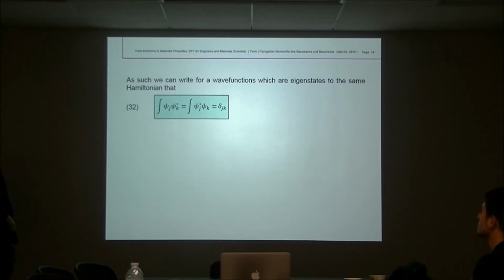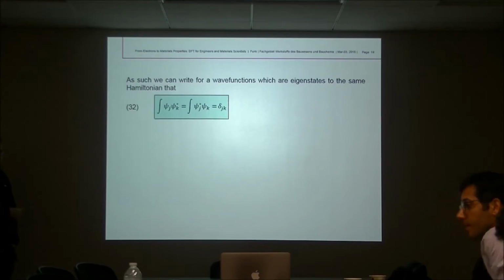The physical meaning of this is that, first of all, not just the wave functions are additive, but also the densities. So the total density of the system can be derived by summing up over the densities of all the wave functions.